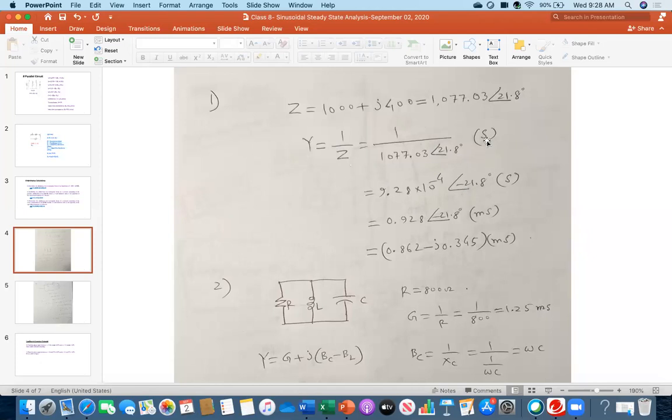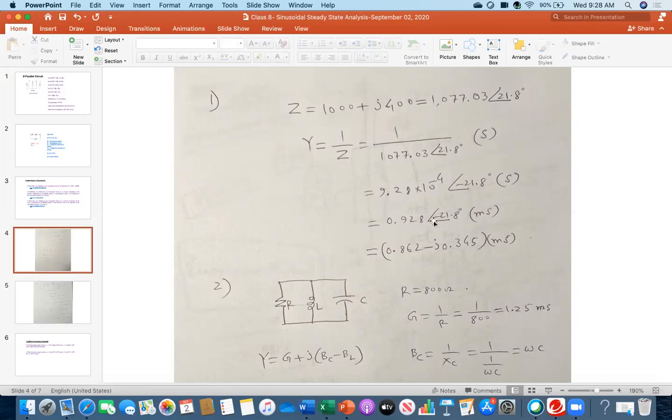I have written the unit as Siemens. That is Siemens, not second. After this line, I converted into millisiemens so that I can eliminate this factor. It is 10 to the power minus 3, and dividing by it becomes 0.928, and then the angle.